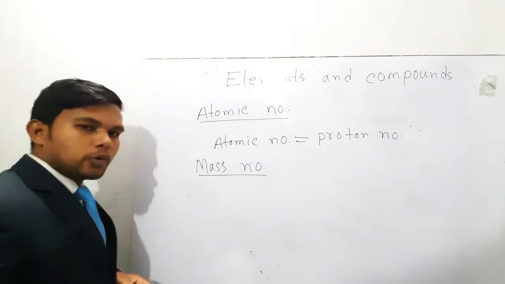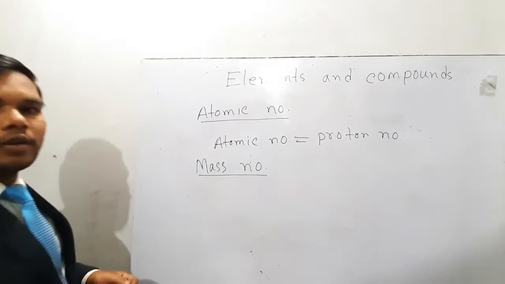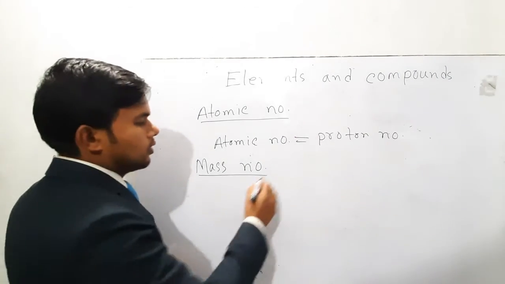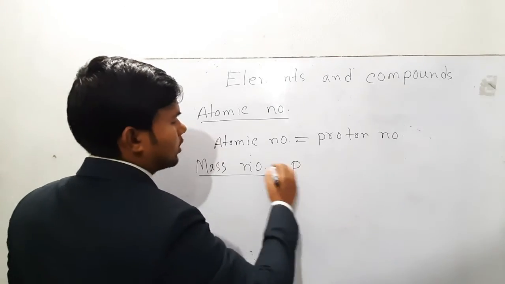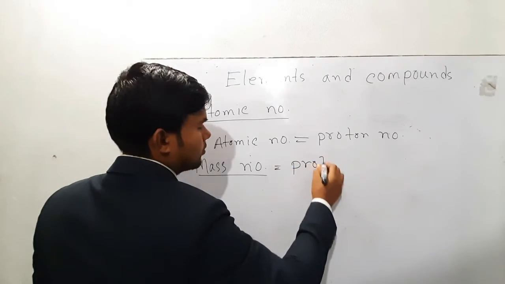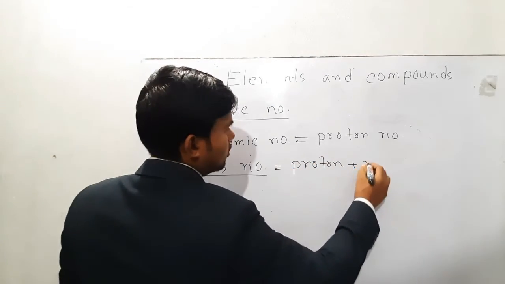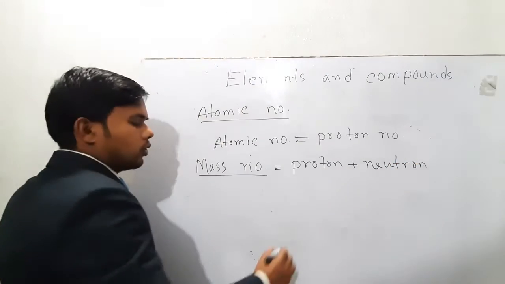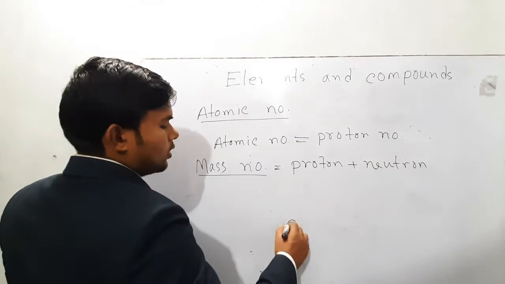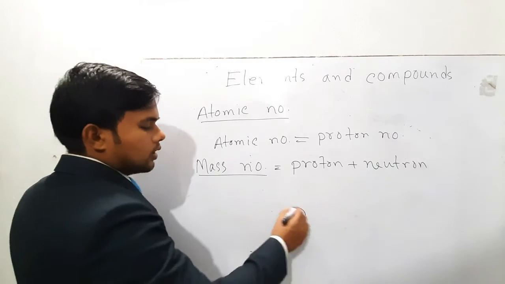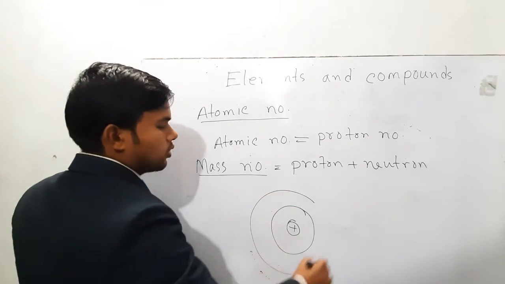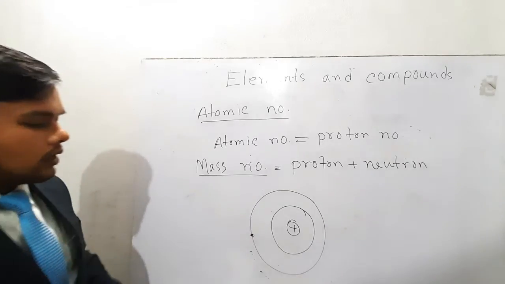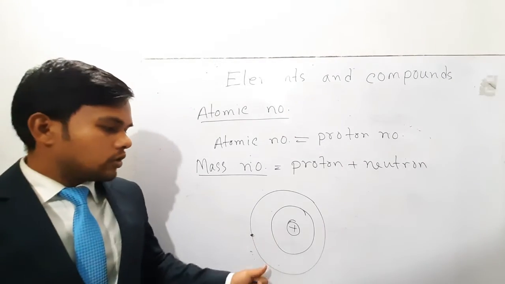And the mass number. Mass number is the number of protons and number of neutrons. The summation of the number of protons and neutrons is called the mass number. So mass number is proton plus neutron. We know in an atom, in the center proton and neutron are present, and electron revolves around the nucleus, and electron is a very light particle, 1838 times lighter than a proton or neutron.